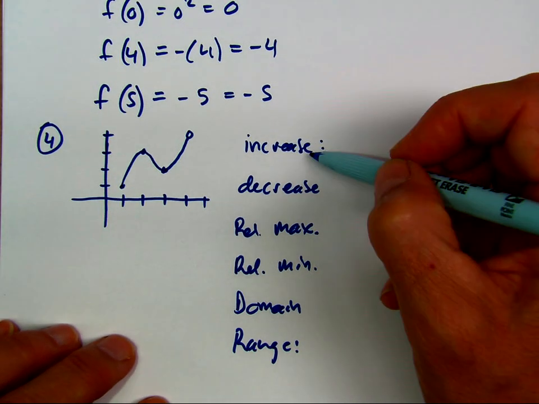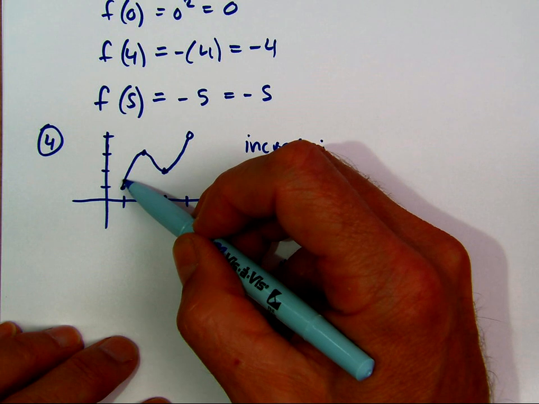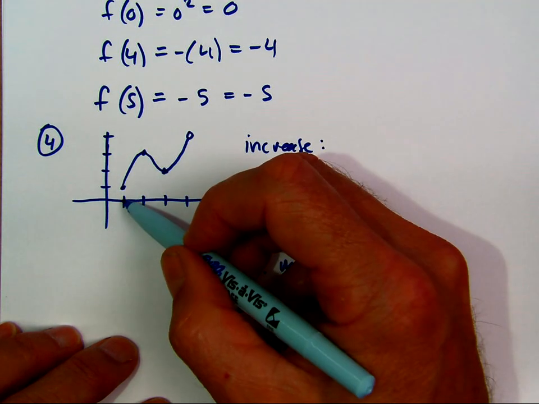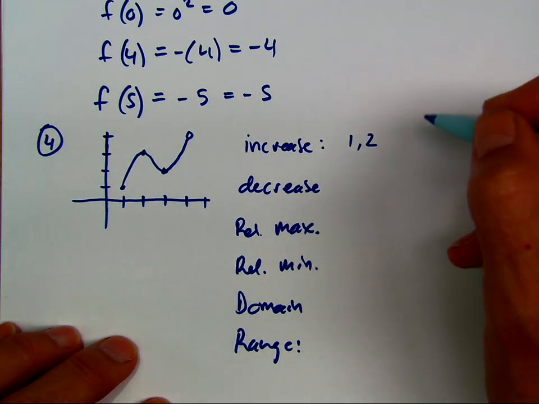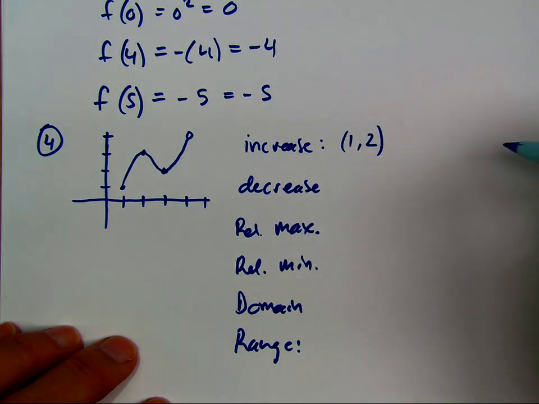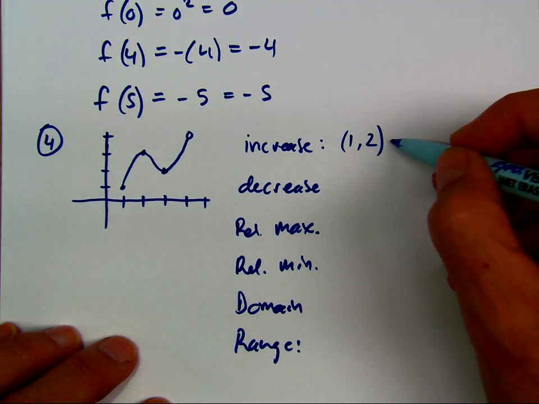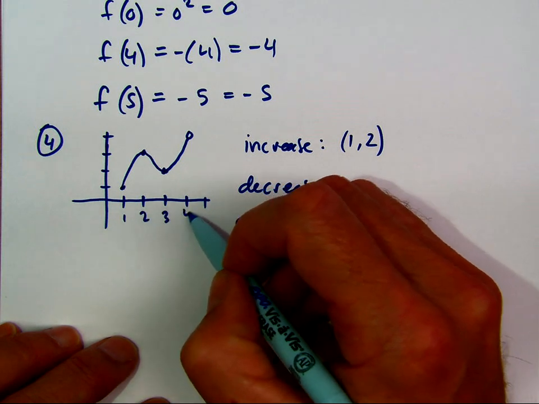Increase. Where is the function increasing? It's increasing from left to right on that interval, increasing here and increasing there. So it's increasing from 1 to 2, and our book just uses parentheses for every interval of increase or decrease, but you could also put brackets on that. And it's also increasing from 3 to 4.